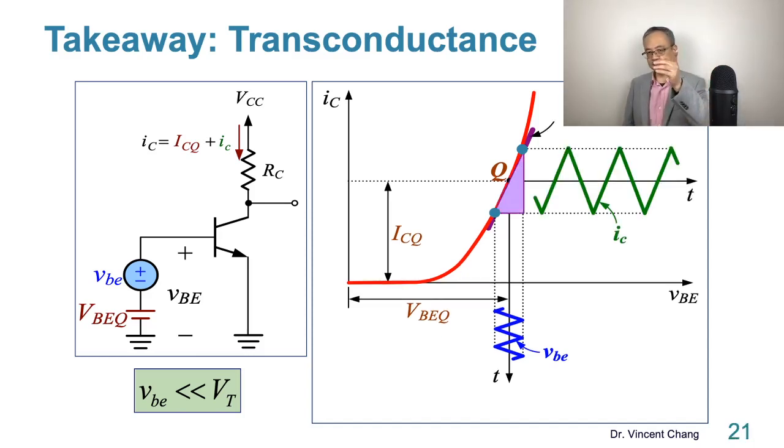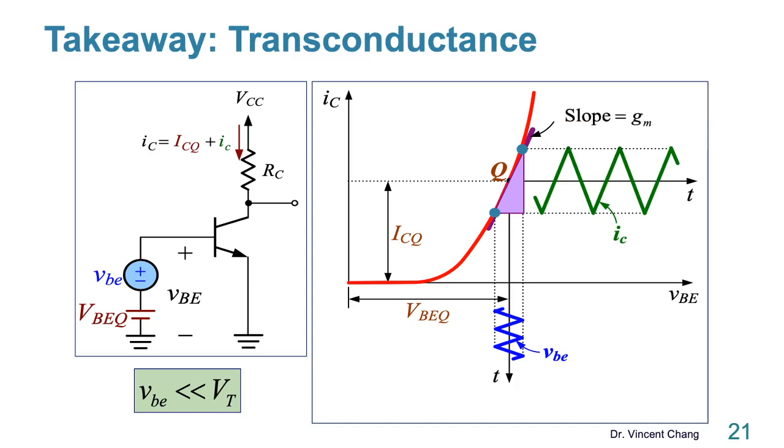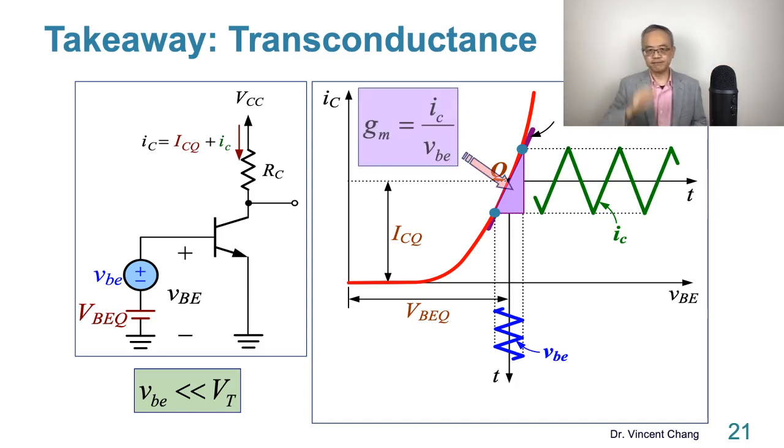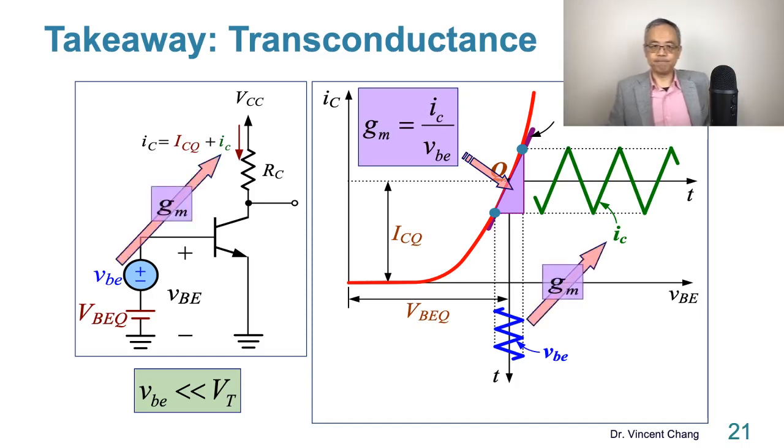The purple triangle is a beautiful description among the three: two variables and one AC parameter, IC divided by VB equals the GM.